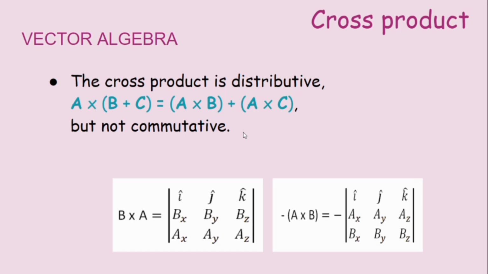It is not commutative, which means that A cross B is not equal to B cross A. In fact, B cross A equals minus A cross B. How? B cross A will be written in this form, and when we change the position of rows, we add a negative sign with the matrix.